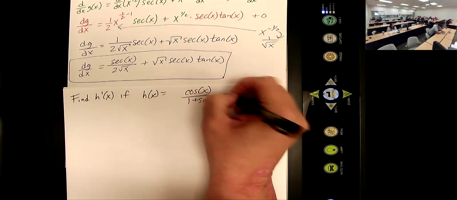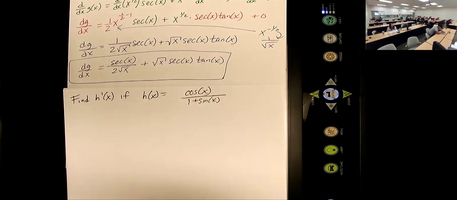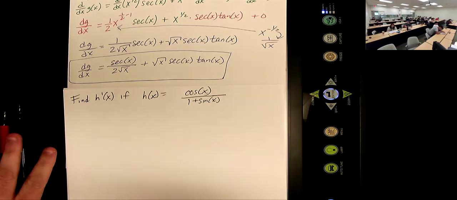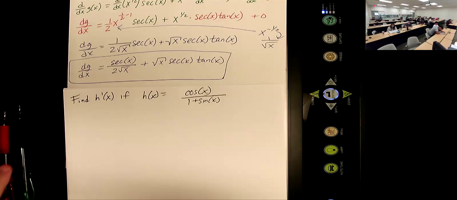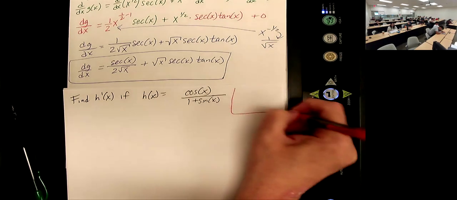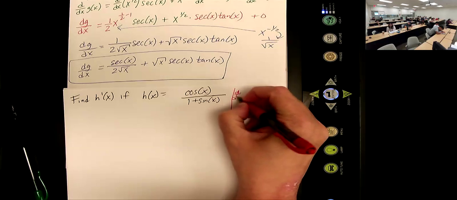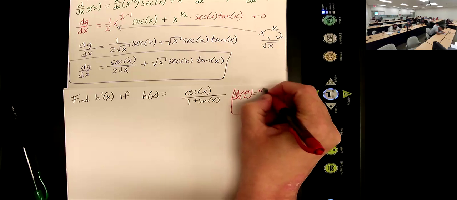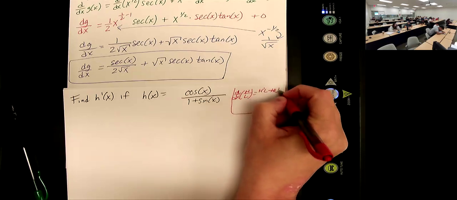Yeah, quotient rule with the trig functions. Good times. Maybe as a reminder, I'll write down over here: d/dx of h over l is h prime l minus h l prime over l squared.